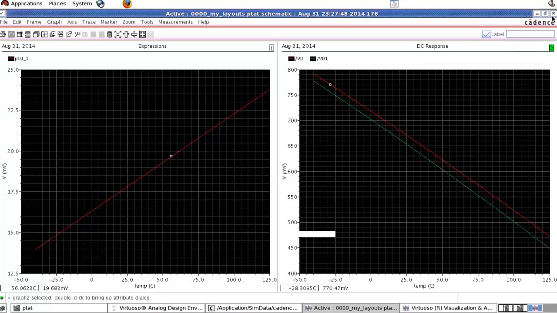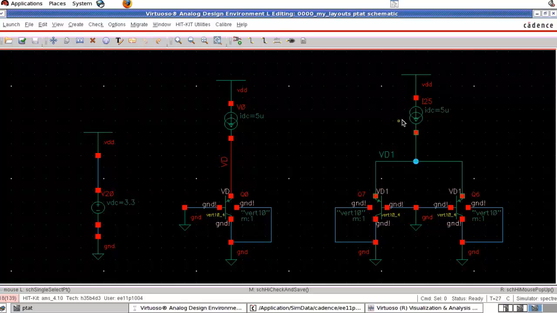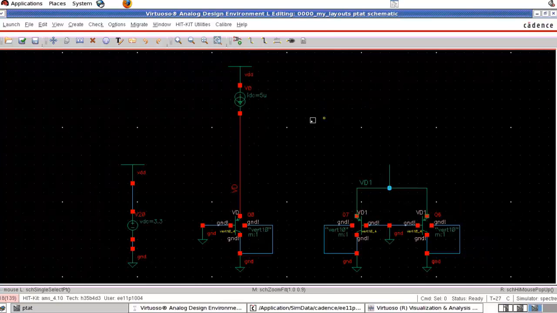So then, to implement the circuit in reality, we connected a resistor here. We removed these current sources and we put a resistor.